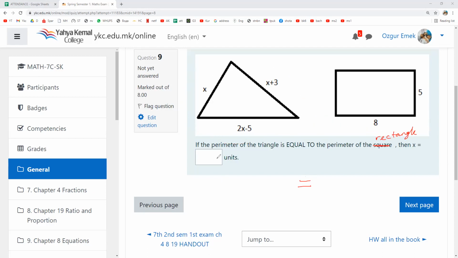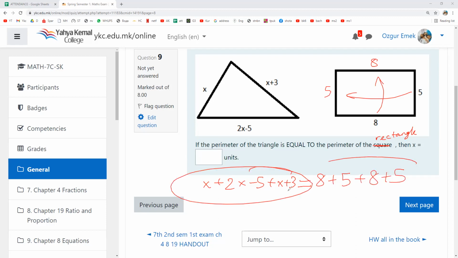So the sum of x, 2x minus 5, and x plus 3 is equal to perimeter of all these four sides. Opposite sides are equal. So 8 plus 5 plus 8 plus 5. The sum of all the sides are equal.